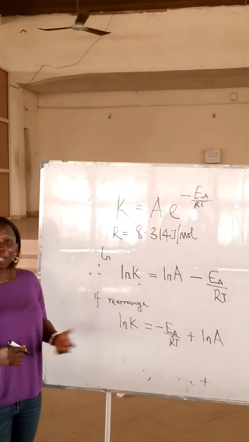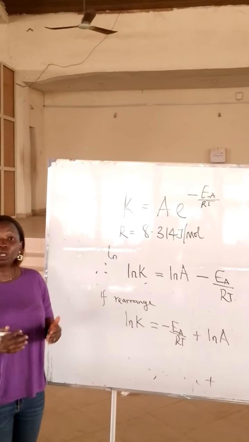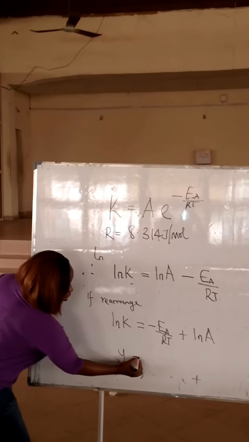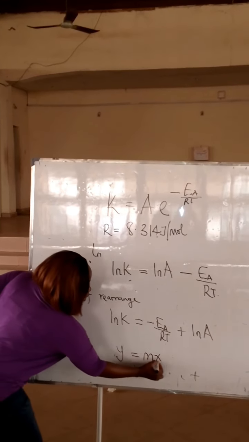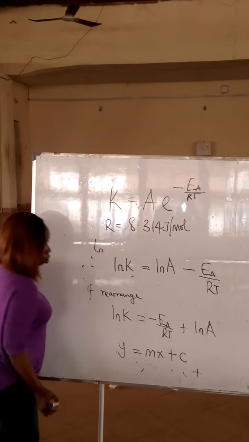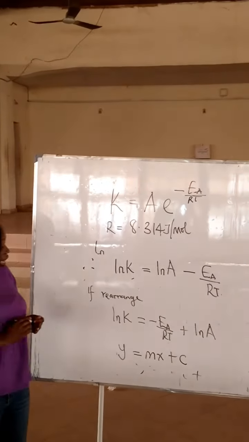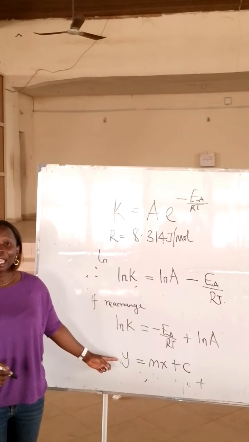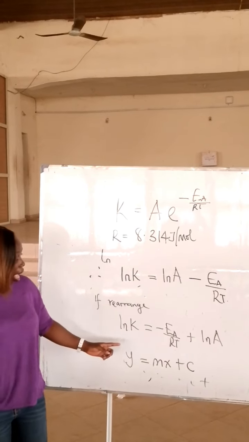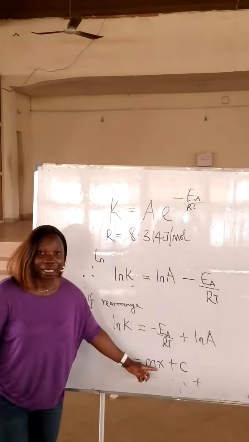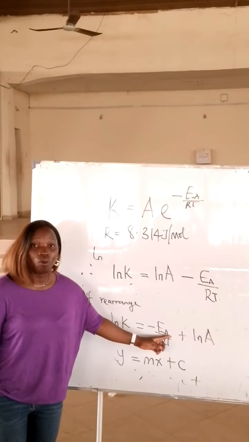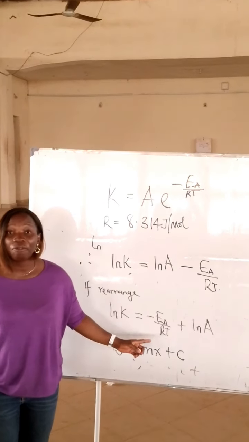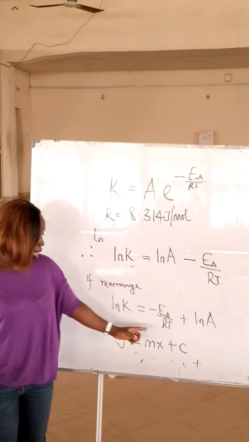This simply implies that according to the straight line graph, which is y equals mx plus c, ln k is automatically the y-axis. And x is what? 1 over T, because Ea over R is not a variable but a constant.